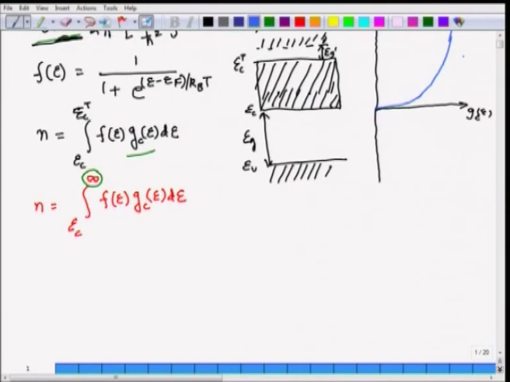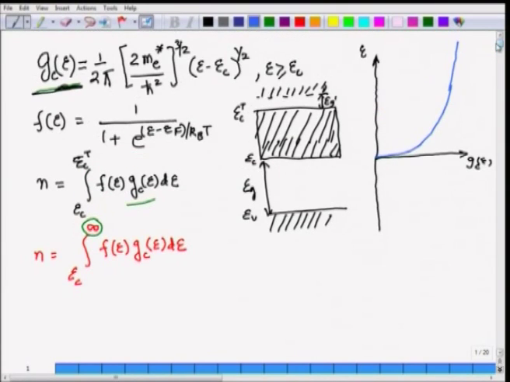This is the function I have just plotted. But the objection to it was that when you reach the top of the band, the density of states must become 0, because there is a band gap after that.